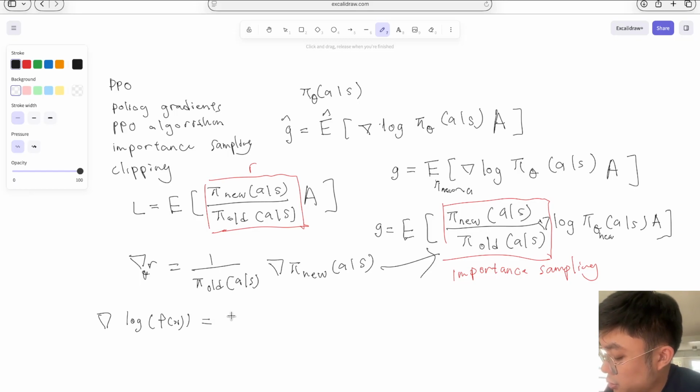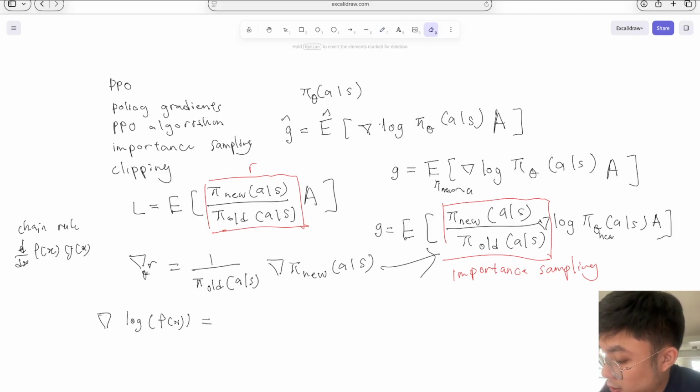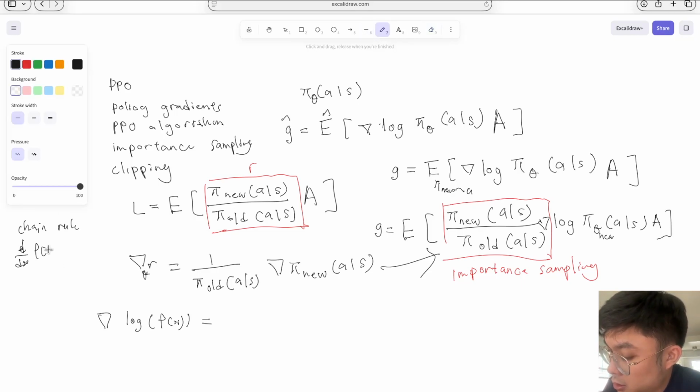By the chain rule, d over dx of f(g(x)) equals f prime of g(x) times g prime of x.